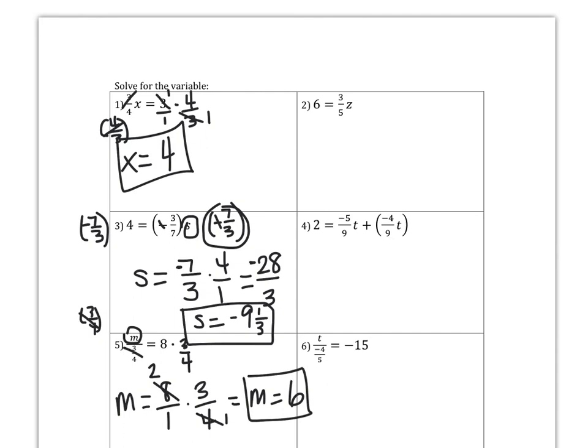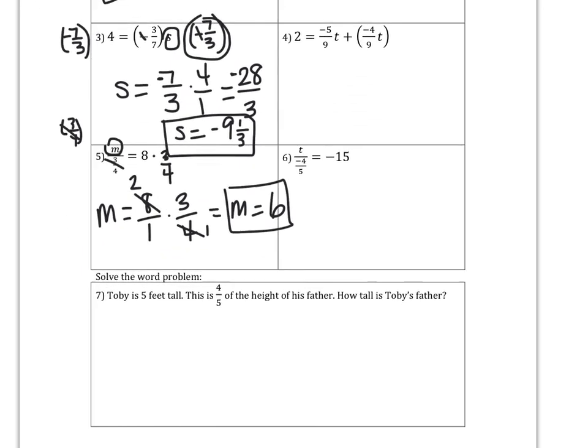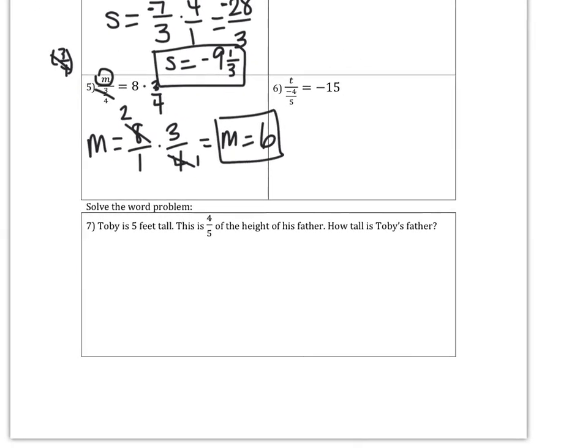Let's take a look at our last one that we're going to do, which is the word problem. Toby is 5 feet tall. This is 4/5 of the height of his father. Right here, that means multiply. How tall is Toby's father?